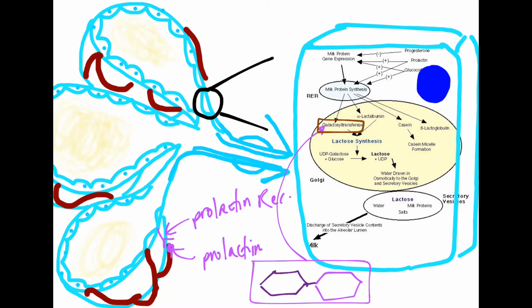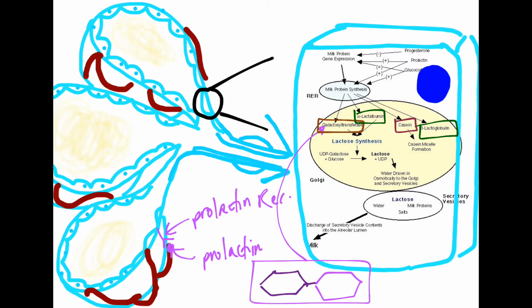So lactoalbumin and lactoglobulin are two examples of whey proteins. And here we have casein proteins, which is the other type of protein found in breast milk.